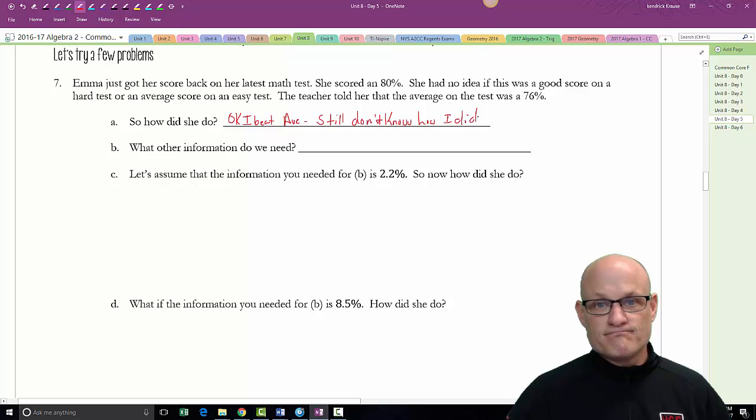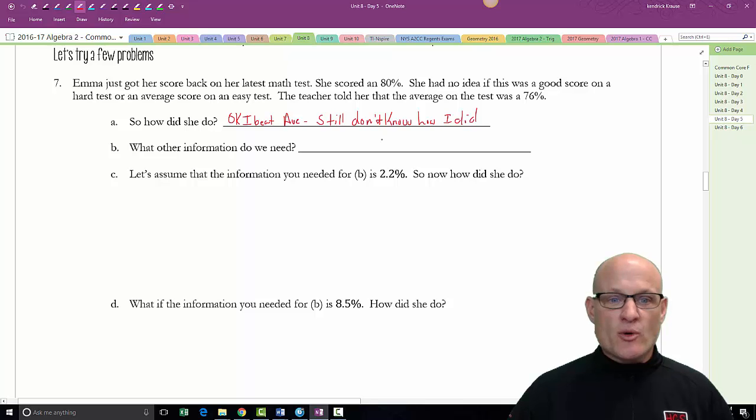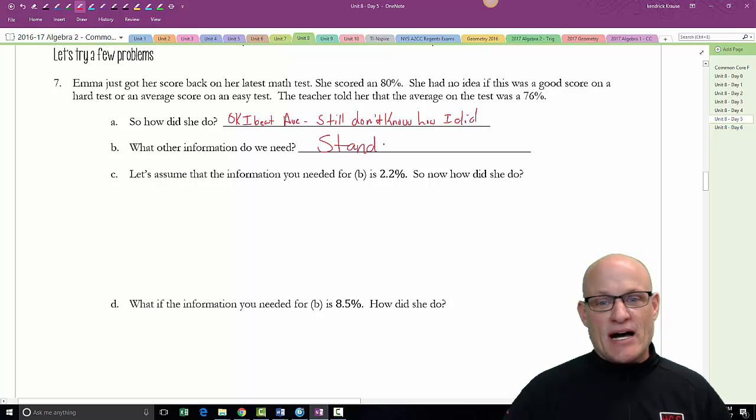Did I do remarkably better? Did I do a little bit better? So what other information do I need? I need the standard deviation. I need to know how spread out the data is. This is key to figuring out how well you did.